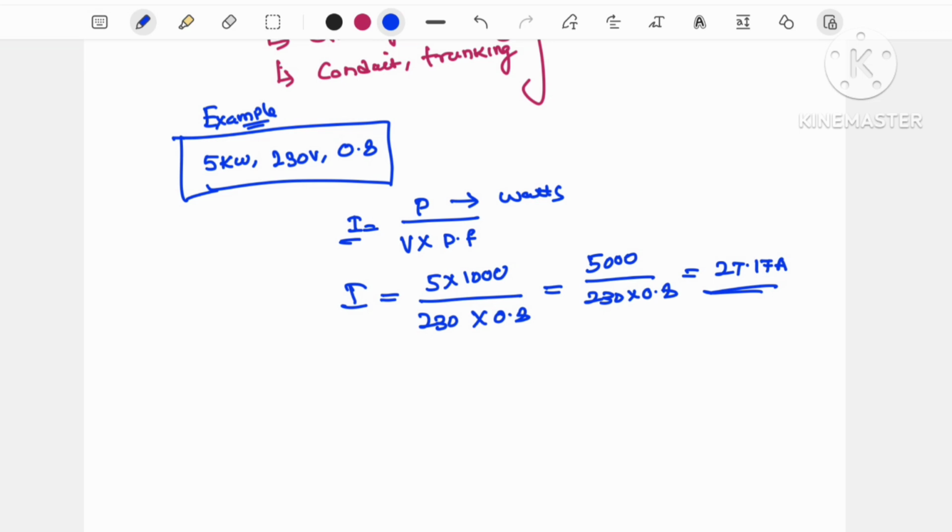So that's why we are going to select the 4 square mm cable, which is capable of 30 amps. Our requirement is 27.17, so we can choose the 4 square mm cable. This is a very simple formula. You can find the perfect cable for our electrical load.